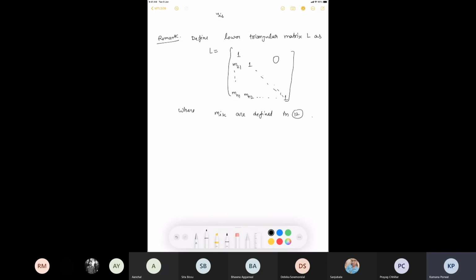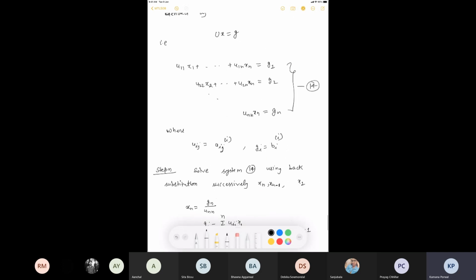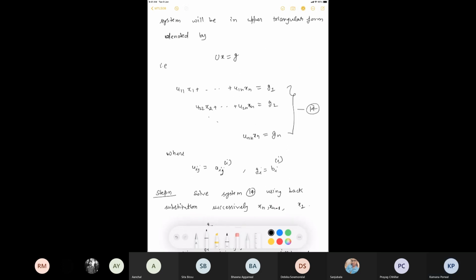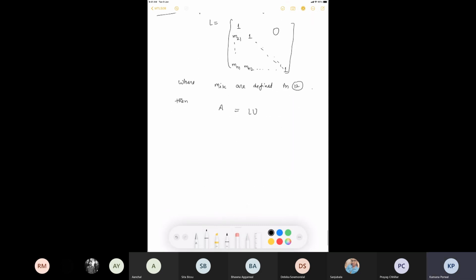Now you can verify that if you multiply L and U, you will get back A. Right? So U is the upper triangular matrix which is given by 14. Okay, so U is this upper triangular matrix.